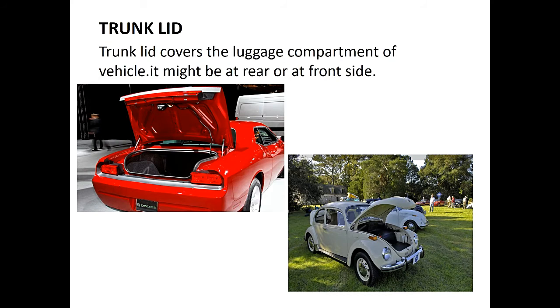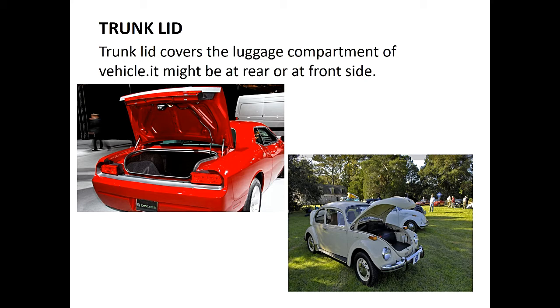The trunk lid. The trunk lid is the second minor body part. The trunk lid covers the luggage compartment of the vehicle. It might be at the rear or at the front side. If the engine is located at the front of the vehicle, then the trunk lid invariably is fitted at the rear of the vehicle.